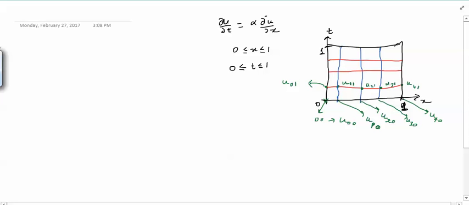And similarly you can keep on going. For example, here you have u 0 4, and here u 1 4, here u 2 4, at this point u 3 4, and at the last point you have u 4 4, right?